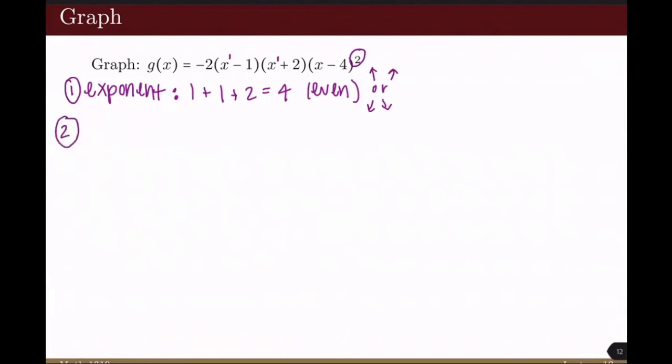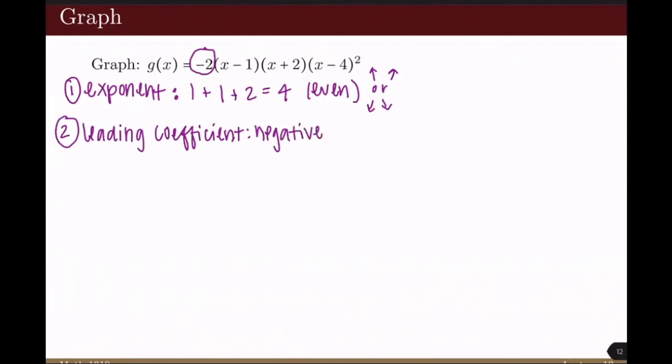Step number 2 is going to be to determine if your leading coefficient is positive or negative. So for that one, we can actually just observe the very front of this. We have a -2. Negative.